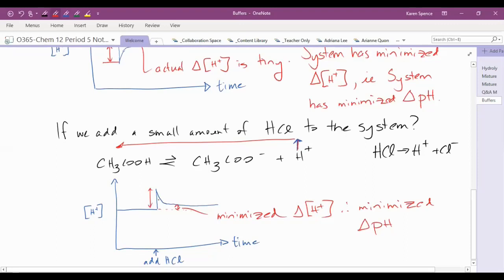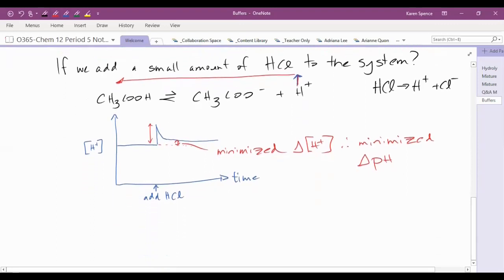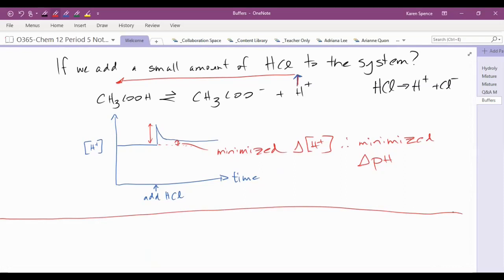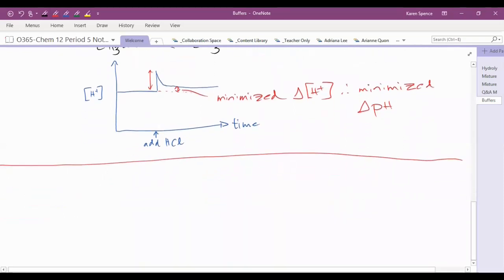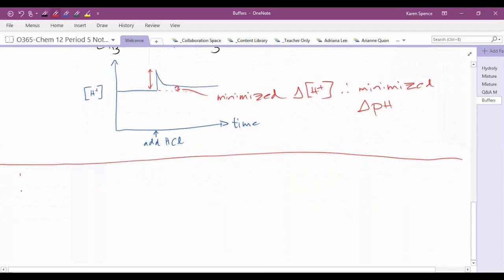The only hitch is that you actually have to go to the trouble of adding enough of the acid and enough of the conjugate base that you don't run out of one of them as the system is trying to shift. Okay, so this is a key point here.